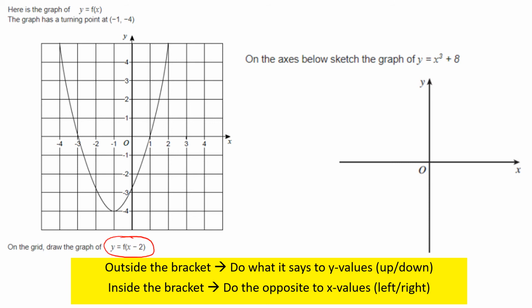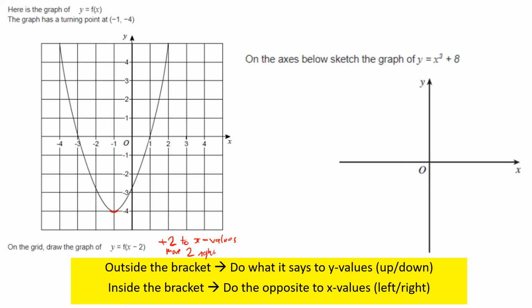So for the first one, we've got y equals fx minus 2. That is an inside the bracket, so it's do the opposite of that, plus 2, to the x values. That means that every point will move 2 to the right.